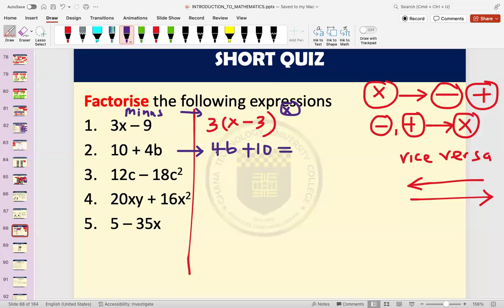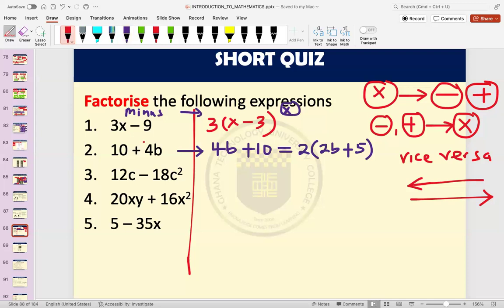And if we look at this, we can't factorize 4 out, but we can factorize 2 out. When we factorize 2 out, we'll be left with 2b here, and then here we'll be left with 5 if we pull 2 out.